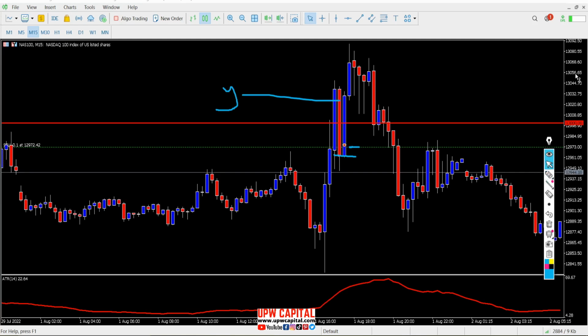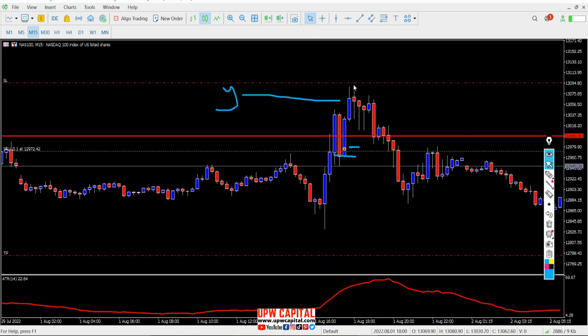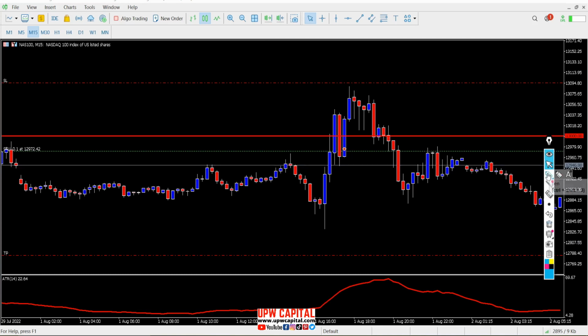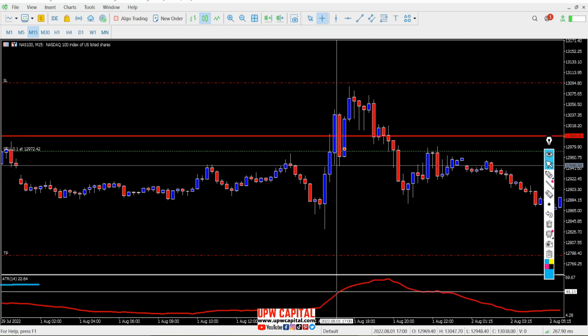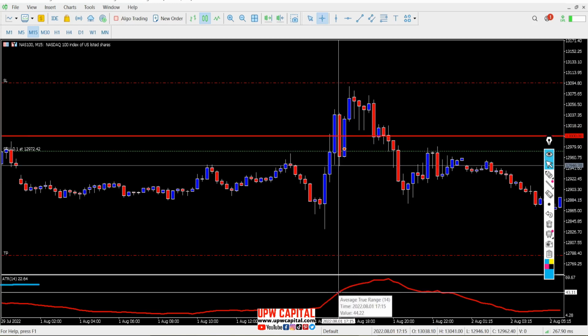Now, if you look at the stop loss, price has actually almost knocked me out. Now, let me show you the stop loss. I use the tool called the ATR. You can see it's ATR 14. If you go to your crosshair tool right here, you place your crosshair tool on the candle that you're going to enter, and then you can actually get your value right there.